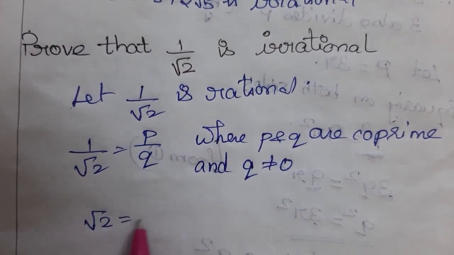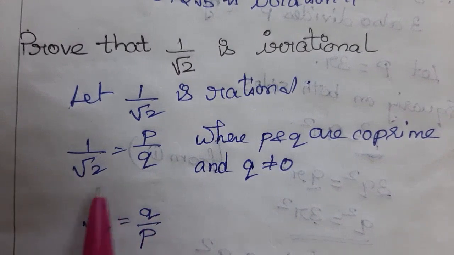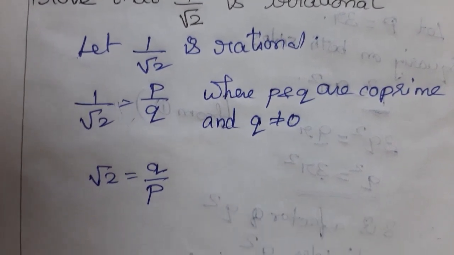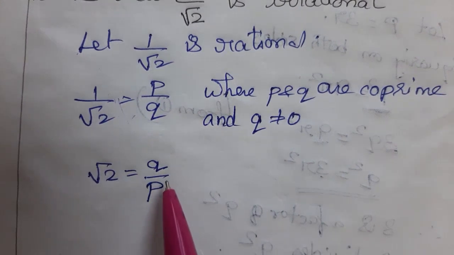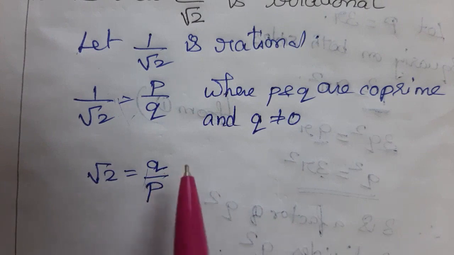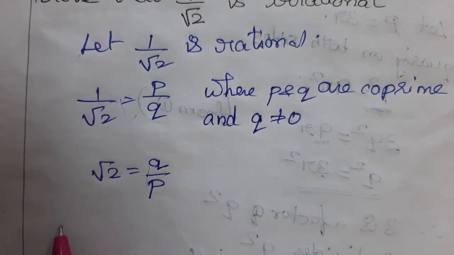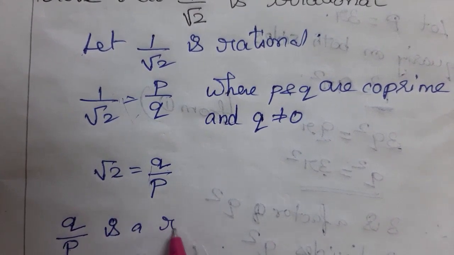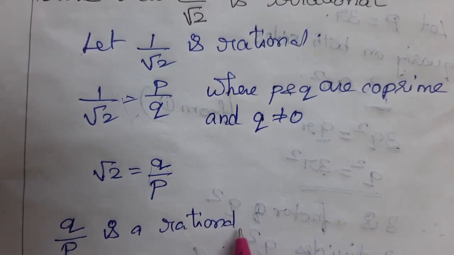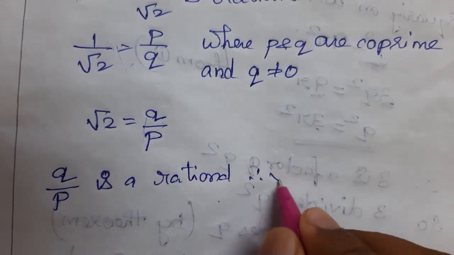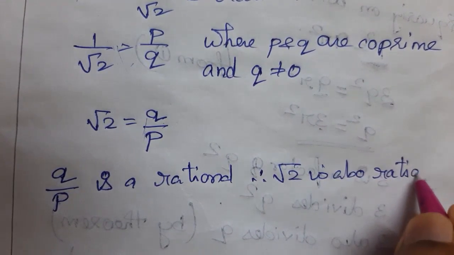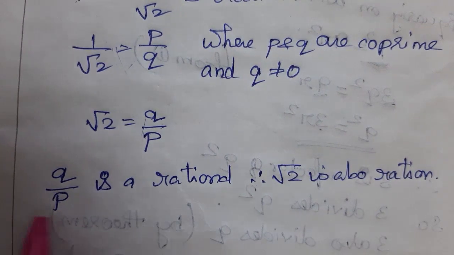Square root of 2 is equal to q by p. It's like a reciprocal on both sides, inverse, right? Any two integers written as a ratio is still rational, right? So q by p is rational. Therefore square root of 2 is also rational, but it contradicts the fact, right?